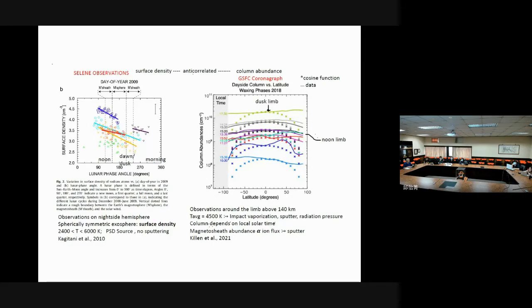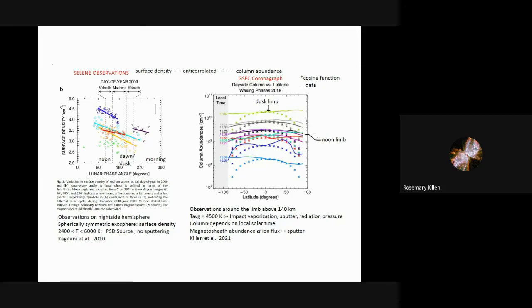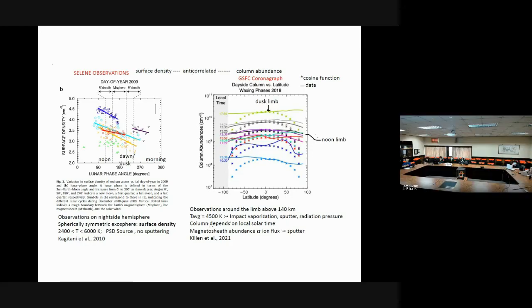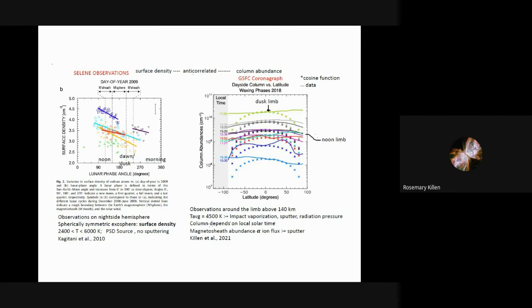These only show mostly afternoon observations, but our morning observations are similar in that we see the maximum column both at the dawn and dusk limbs, which is not the same as what other people have said, that there was just a dawn enhancement. We see both dawn and dusk limbs being enhanced in column abundance.